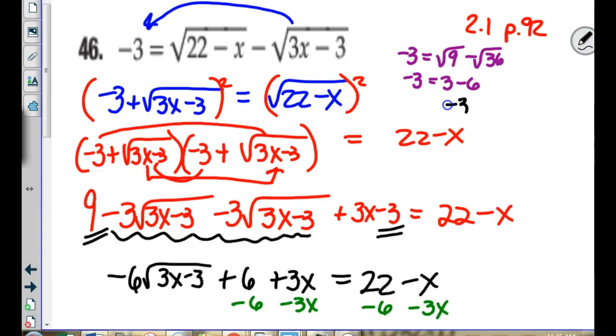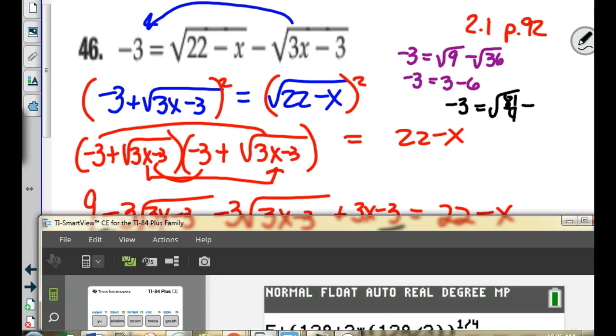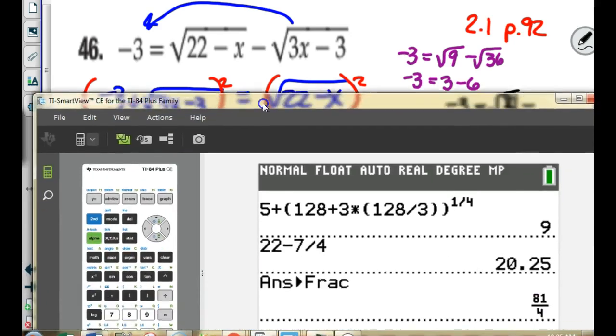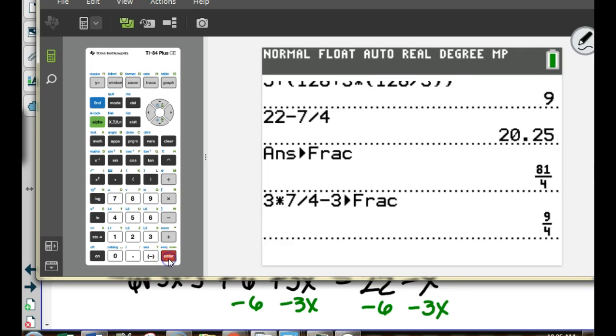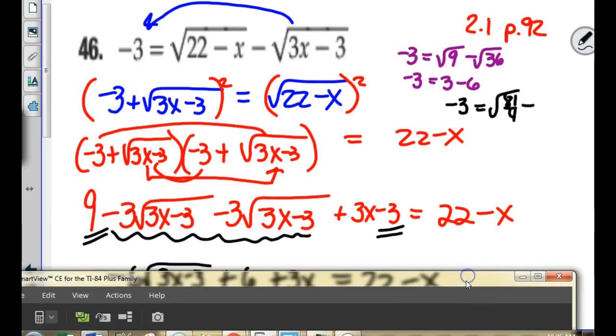So I'd have negative 3 equals square root of 81/4 minus square root of 3 times 7/4 minus 3, which is 9/4.